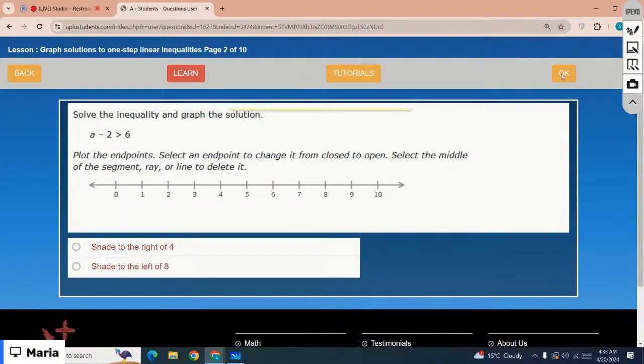Solve the inequality and graph the solution. So which is the correct option?